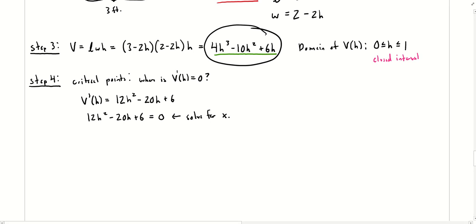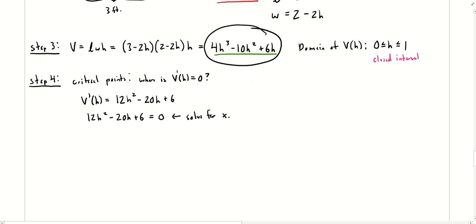So just a reminder about the quadratic formula: it is negative b plus or minus the square root of b squared minus 4ac, over 2a. If you can't factor this easily, you can always use the quadratic formula. We're going to get a decimal or set of decimal answers here, but we can use that.